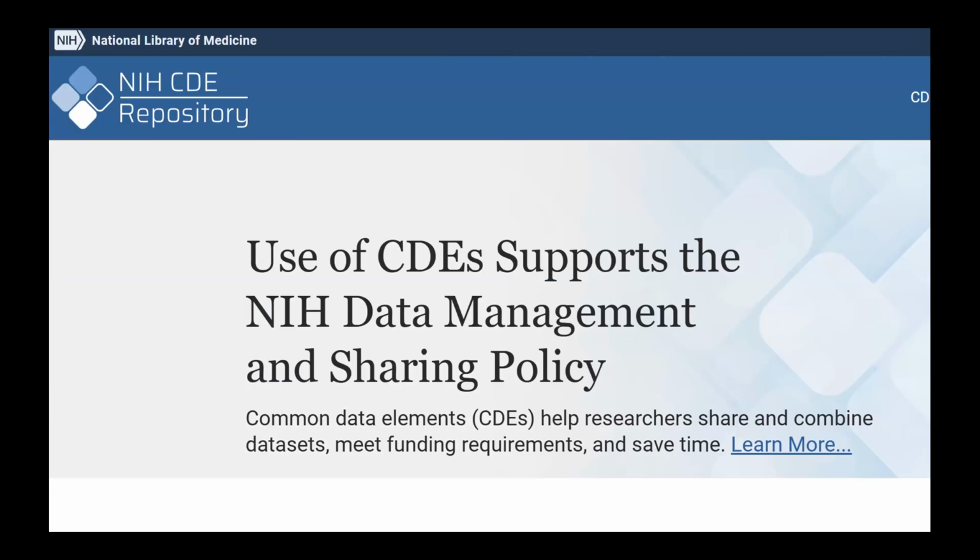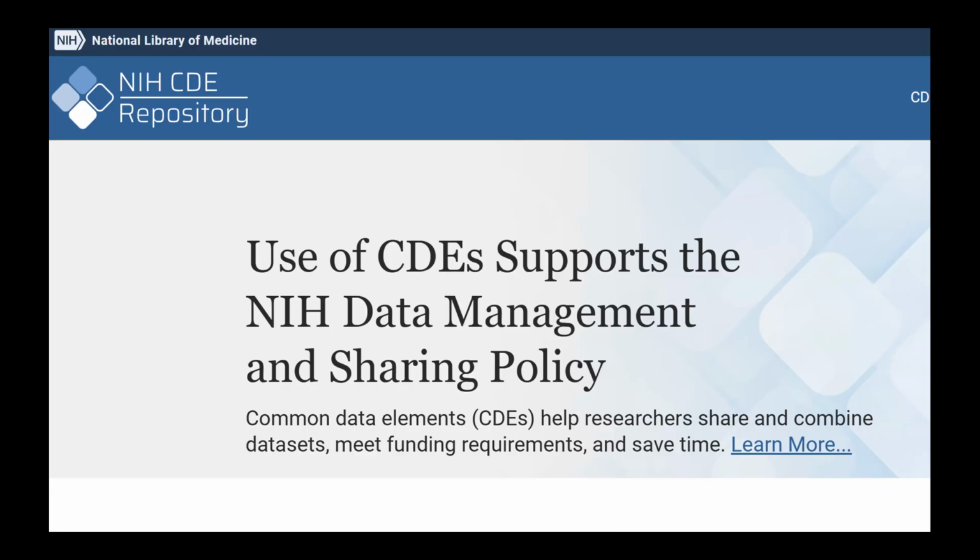Now, the rules for building common data elements are not yet formalized in such a way that the requirements established by the NIH in its data management and sharing policy can be satisfied.